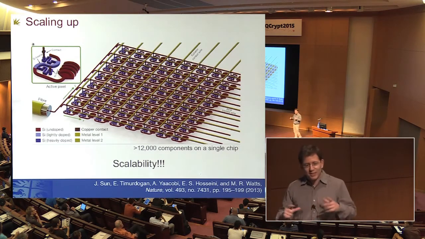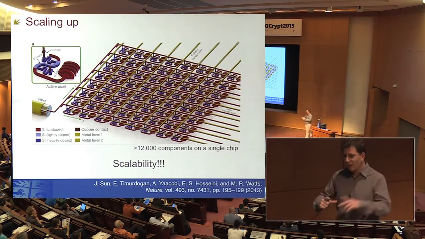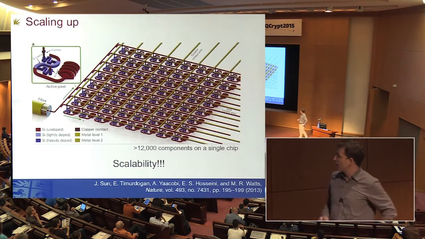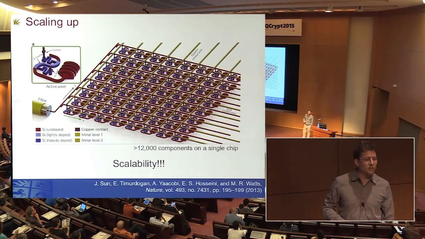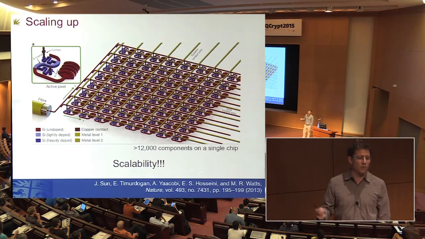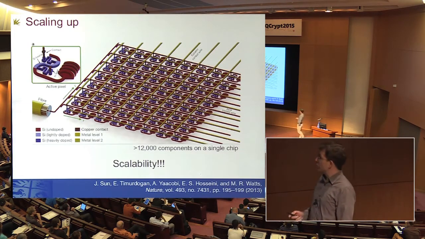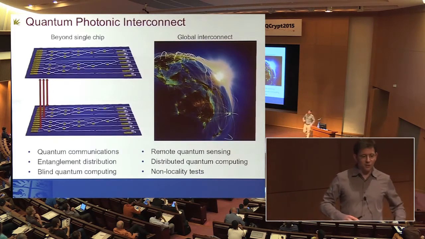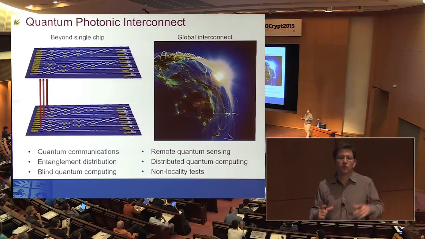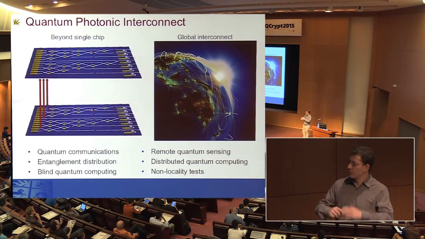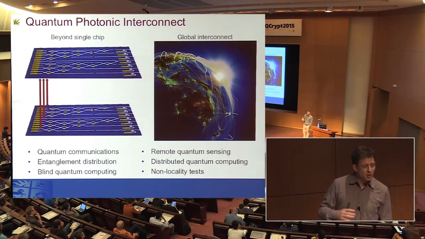But as we continue scaling these things up, at some point we're going to hit the size of a wafer as we're getting towards our, I don't know how many components. And you're then going to start thinking, well, we now need to start getting quantum information off chip. We need to start moving quantum information between chips. And that might be because your wafers are too small or the yield is too low and you need to start making multiple wafers and stacking them together and moving information on and off chip.